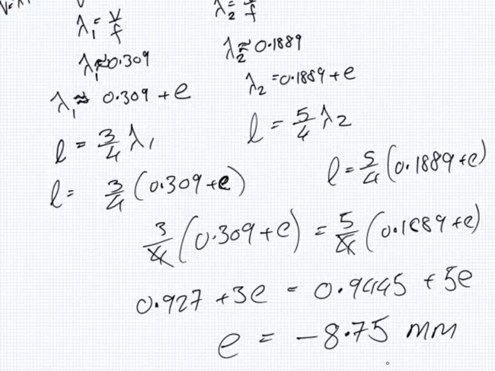So the E is equal to minus 8.75 millimeters. So there's a very small error. Minus meaning that the wavelength is a little bit smaller than what you thought. You should reduce it. I see. So, yeah. Happy? Happy.